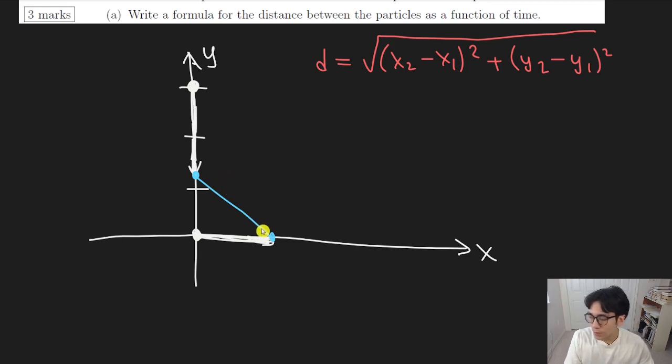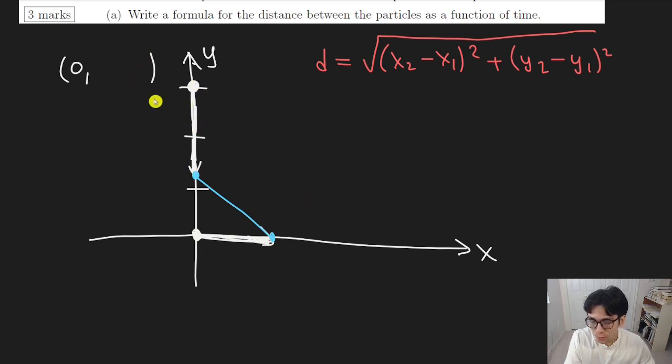So what we want to do is find a formula for the x coordinate and the y coordinate of these 2 points as a function of time. Let's start with the first particle. It's up here, and it starts out at 6. You might notice that the x coordinate is always 0 for this first point, because it is always on the y-axis.